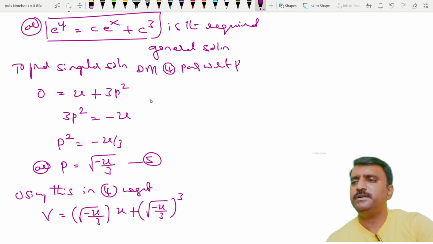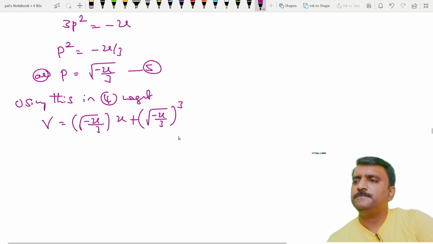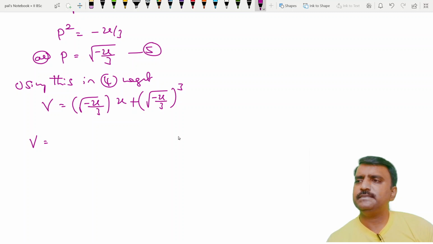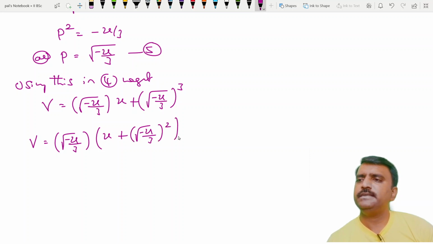Now simplify this. Minus u by 3 is a common factor. So remaining here is u plus the square root of minus u by 3 whole square, isn't it? So now this root and square cancel.